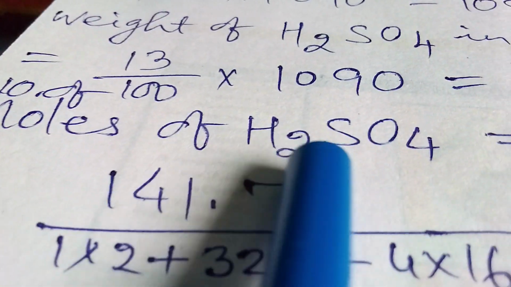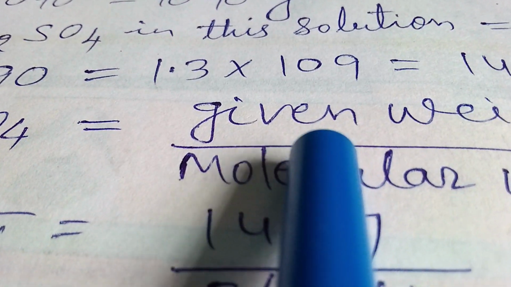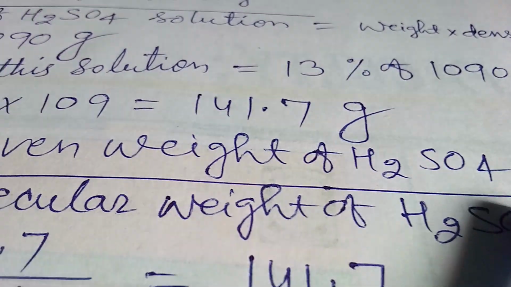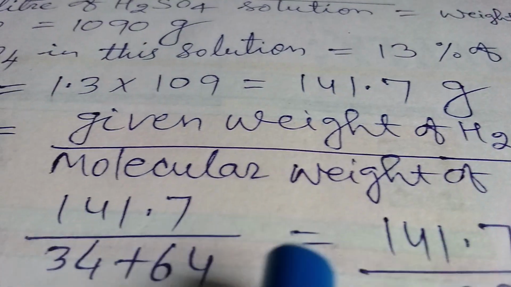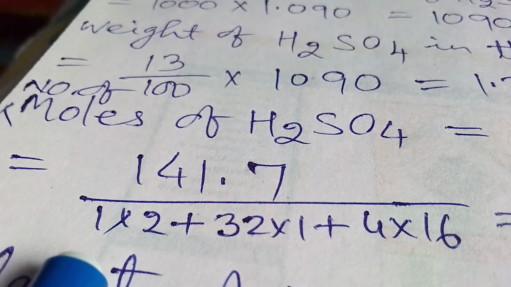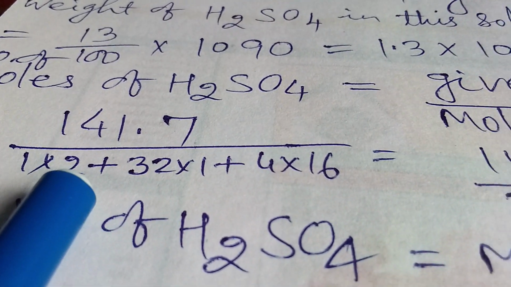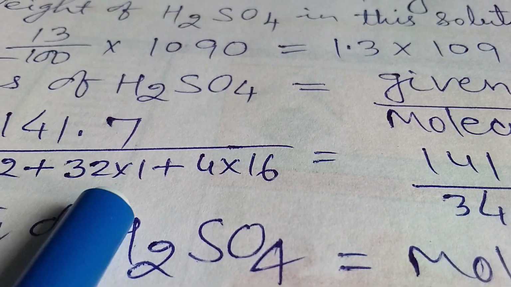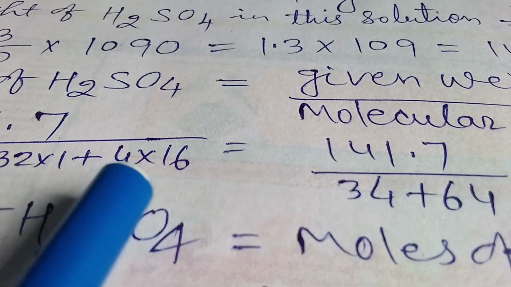Now, number of moles of sulfuric acid, which is a solute, we will find out. That is equal to given weight of solute divided by molecular weight of H2SO4. That is 141.7 by 1 into 2, because hydrogen is 2 atoms and hydrogen mass is 1, plus sulfur is 1 atom and sulfur mass is 32, so 32 into 1, plus oxygen is 4 atoms and oxygen's mass is 16, so 4 into 16.